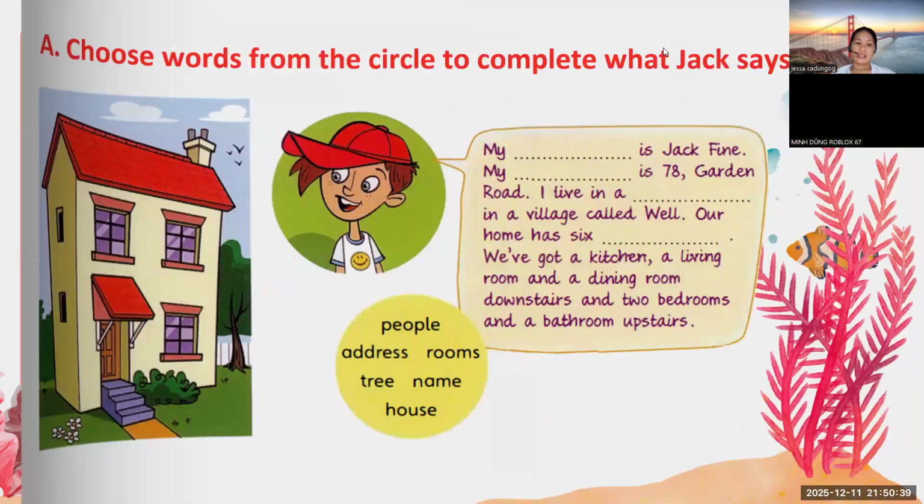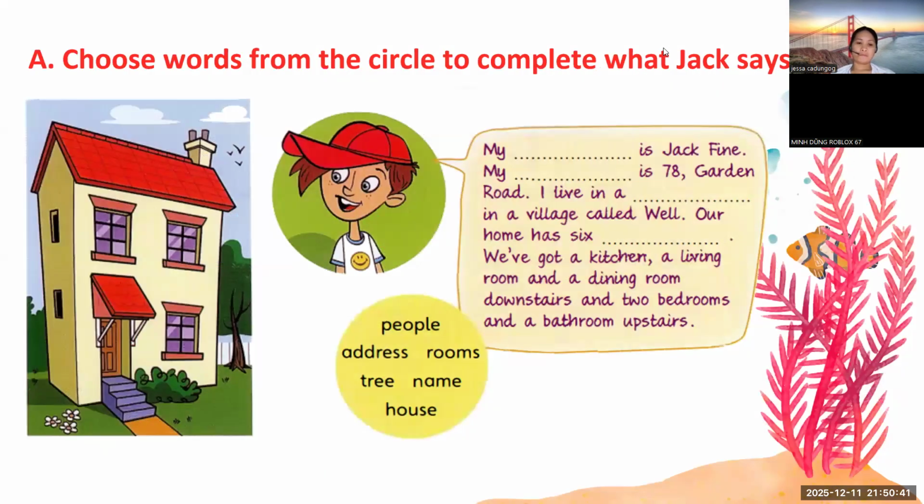Next. Okay, here, potato. Let us try to write the missing words of the following. Okay, potato. My blank is Jack Fine. What do you think is the missing word?